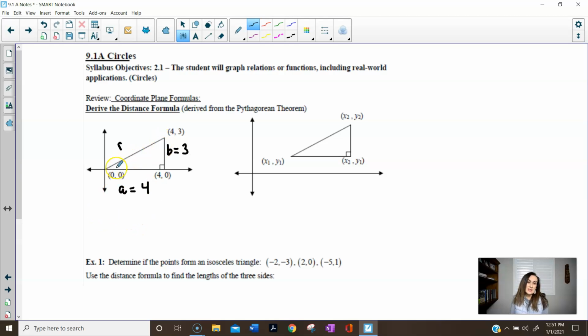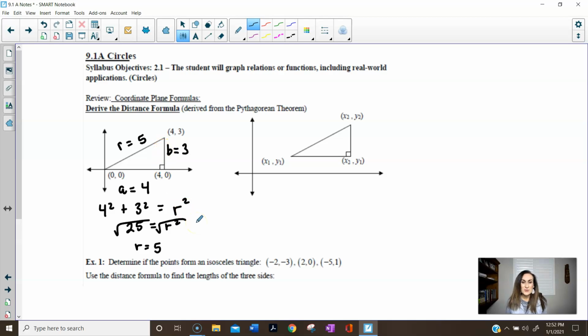Well, if we wanted the length of that right triangle, the hypotenuse, we would simply do a squared plus b squared is equal to c squared, or r squared. And so 16 plus 9 is 25, which equals r squared. And so when you square root both sides, r is equal to 5. And so the length here is 5.